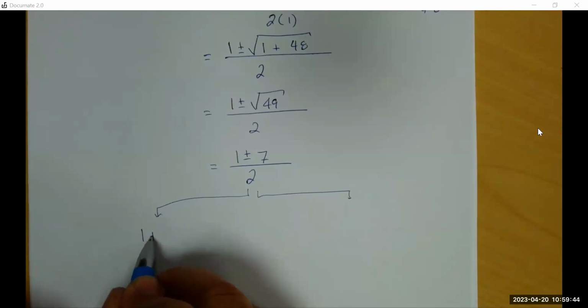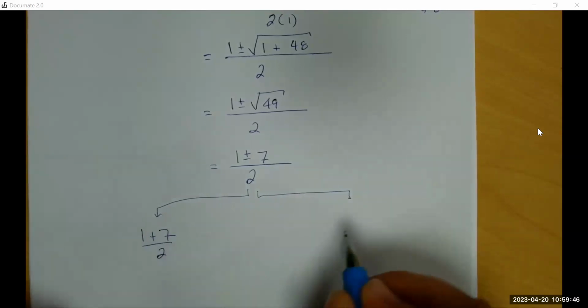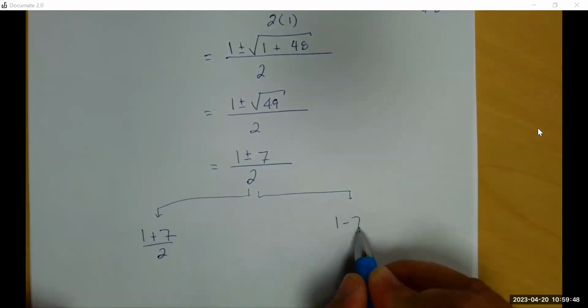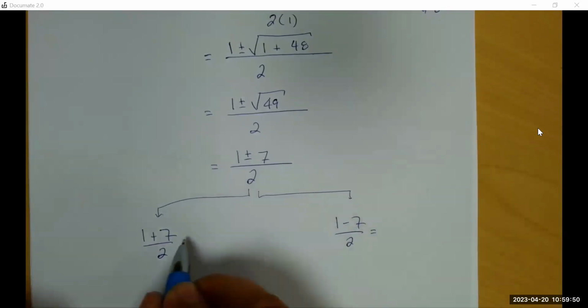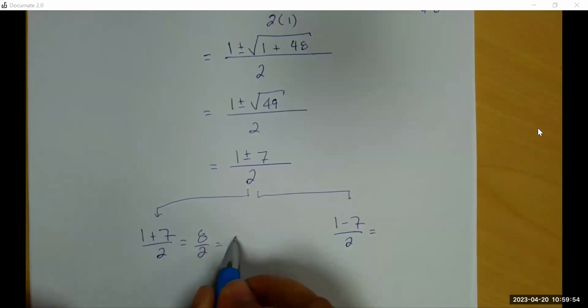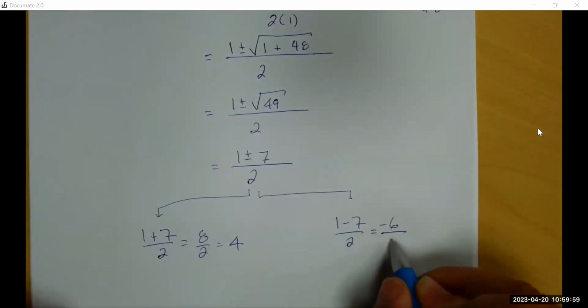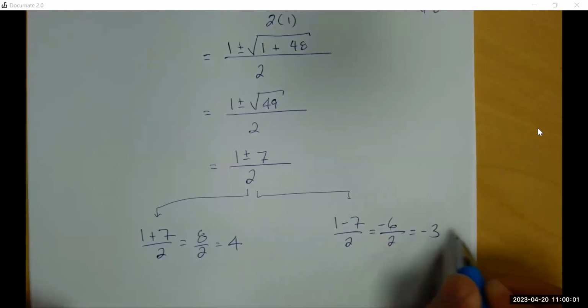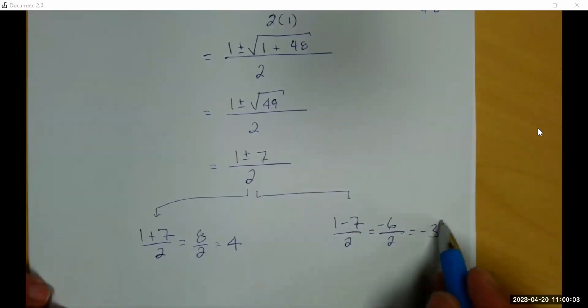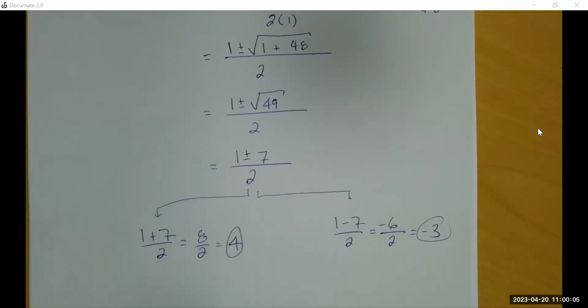We have 1 plus 7 over 2, and 1 minus 7 over 2. 8 divided by 2 is 4. Negative 6 over 2 is negative 3. Those are your intercepts, so your solutions.